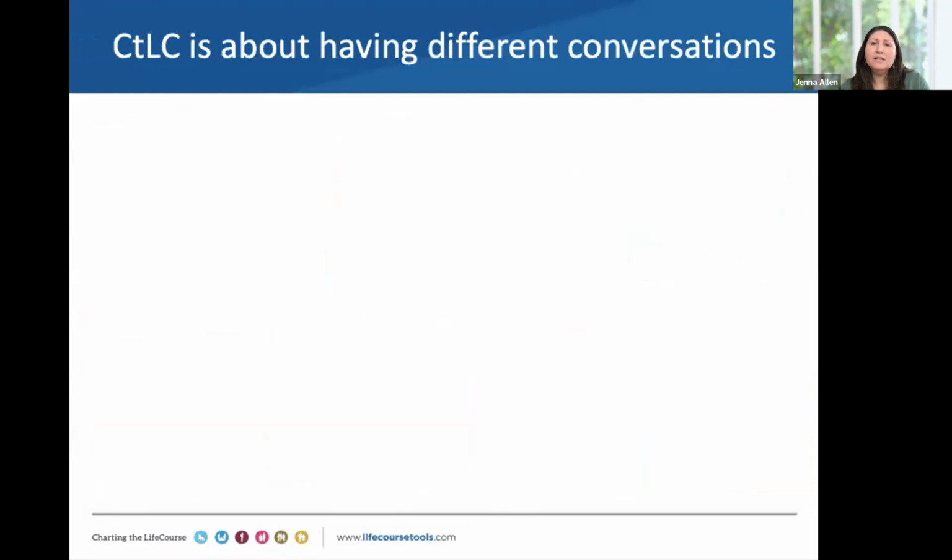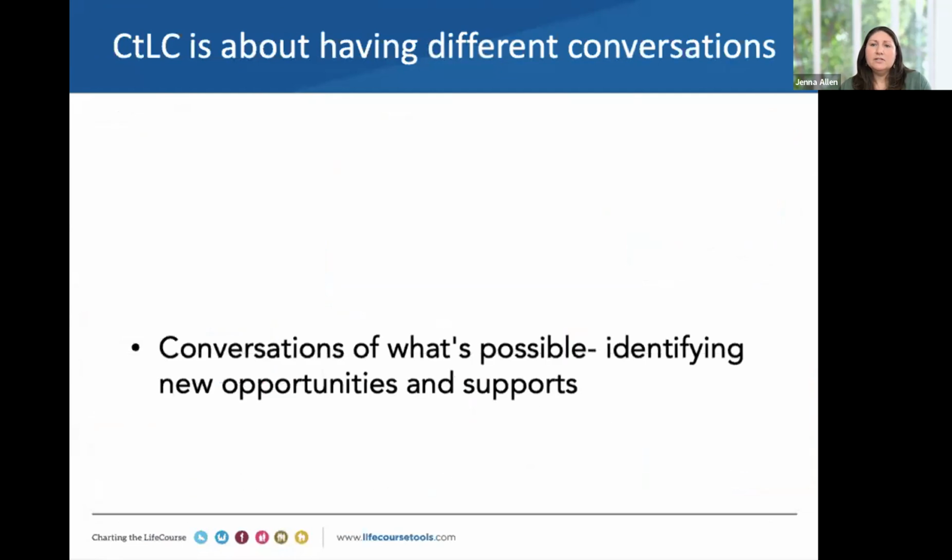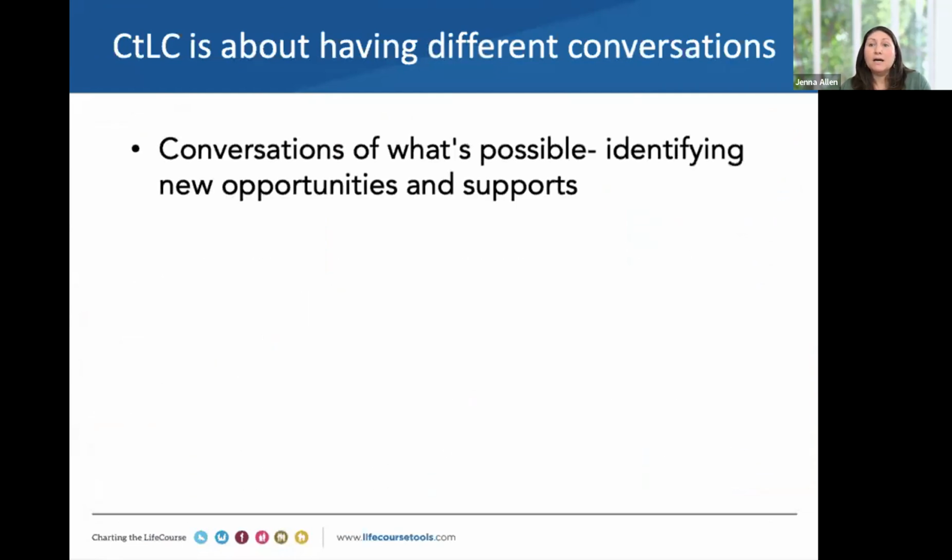And the framework and the tools are really about having different conversations than people and families might have experienced in more formal settings. So these are conversations about what's possible. So identifying new opportunities and supports that could be helpful for a person as they go through their life.